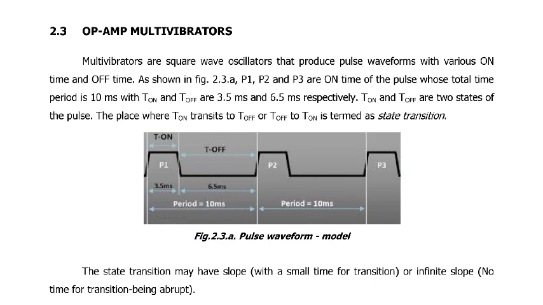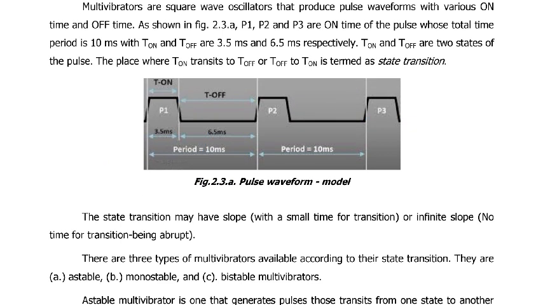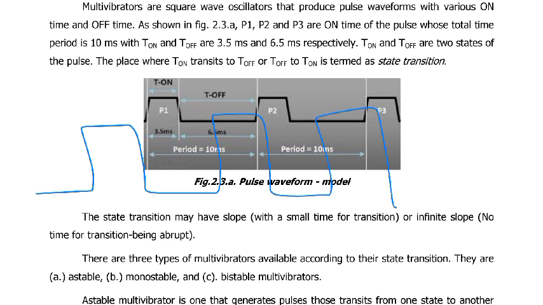So this is the multivibrator. They produce the output like some slope, maybe like this. They can look like this, or like this, or otherwise they can have some slope, maybe slightly sloped.